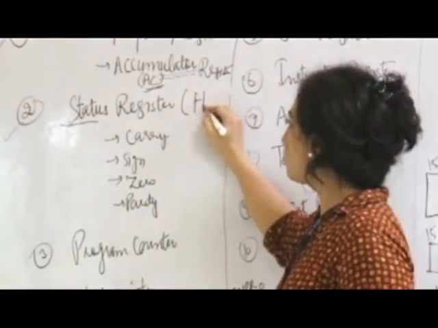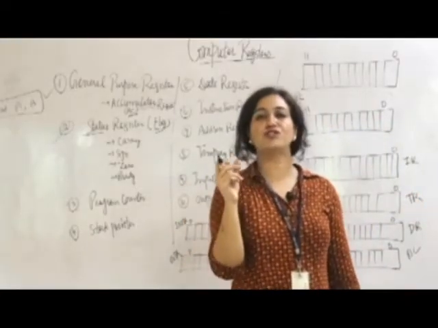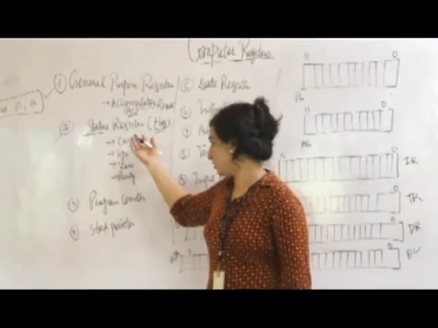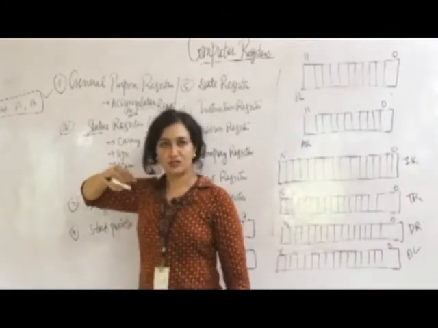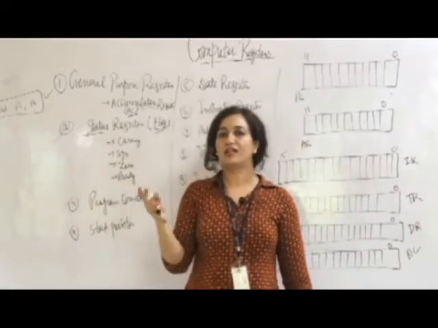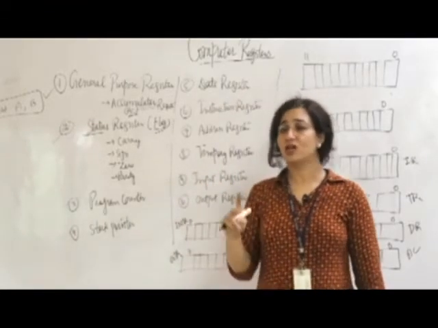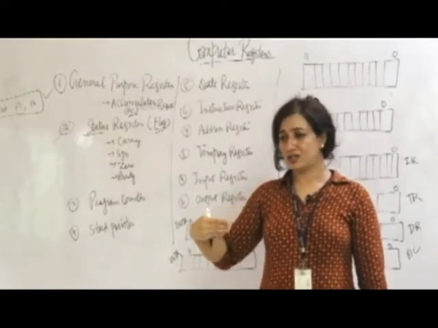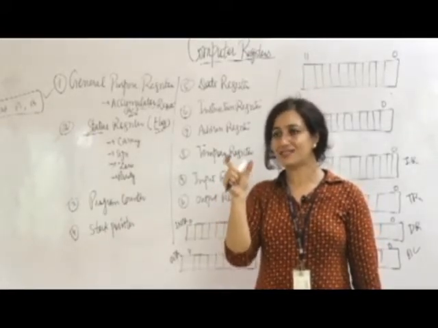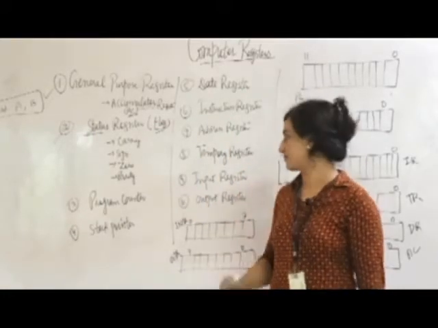Status is also known as flag. It shows a condition. Let's take this example, ADD A comma B. After adding the 2 operands, what will be the status of the output? That status is stored in the status register. What do you mean by status?